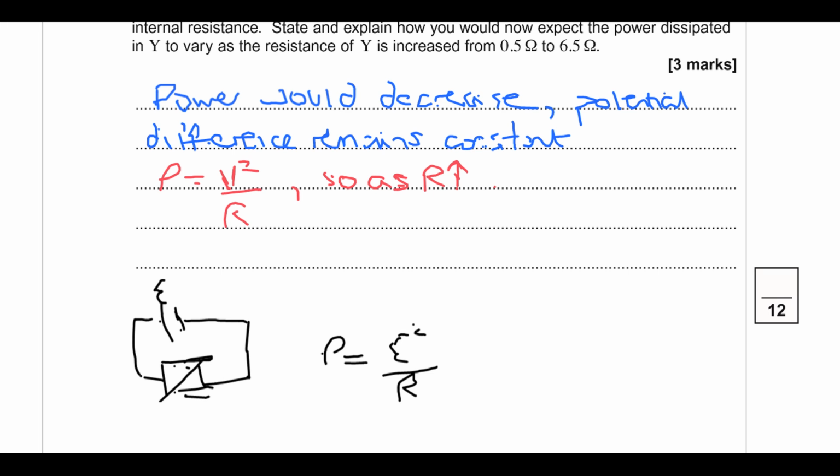So as R increases, we can clearly see power decreases there. Hopefully that now makes sense, and it's because it's no longer a potential divider. We've just got one component, so its potential difference is always going to be the EMF. Okay, so let's move on to question 6.